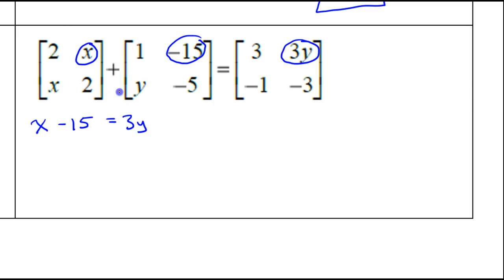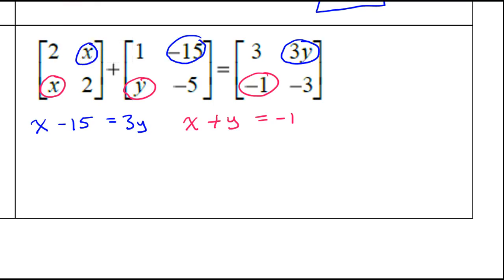Okay, now I can get another equation using these corresponding elements here, here, and here. So x plus y should equal negative 1. So again, I have this system of equations that I can solve, and I think I will stick with substitution.